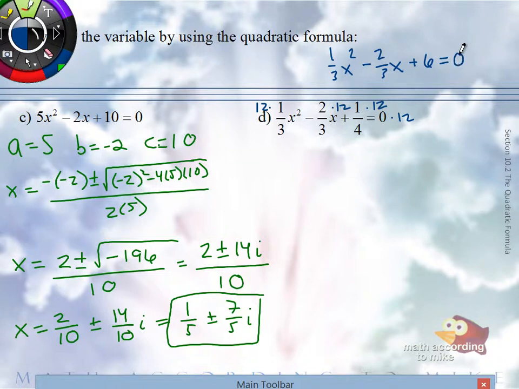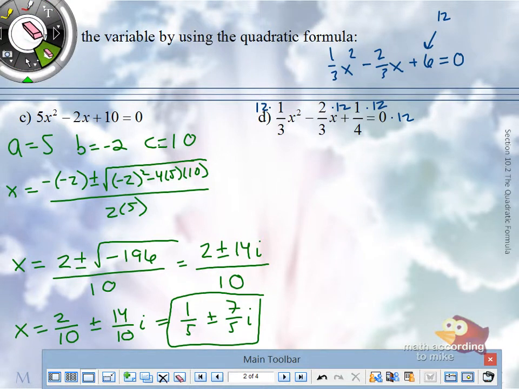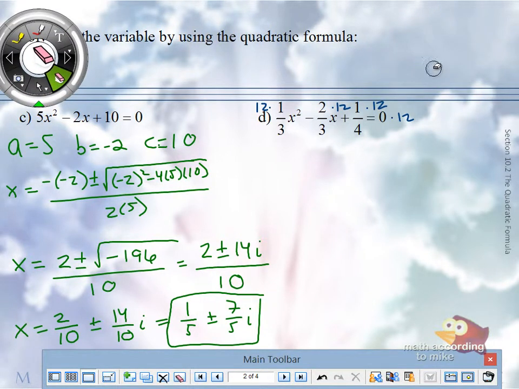Students might see this kind of problem, and they don't multiply the 6 by 12 because they're like, oh, it doesn't have a fraction. No, everything gets multiplied by the 12. So please, please, please, be careful. Whatever you do to one side, you have to do to the other. So let's clean this up. What is 12 times 1/3 x squared?